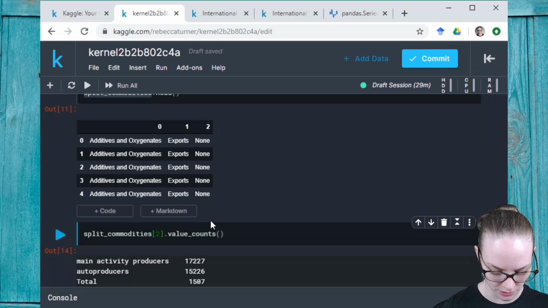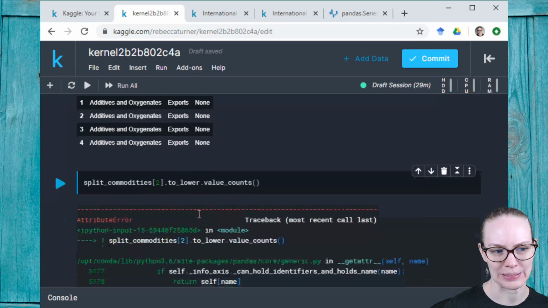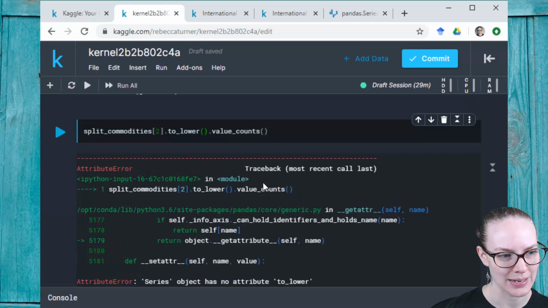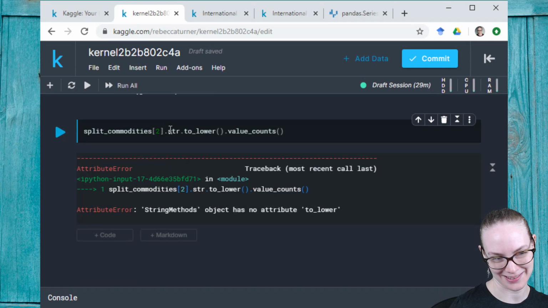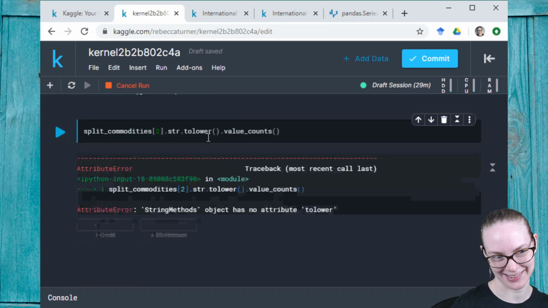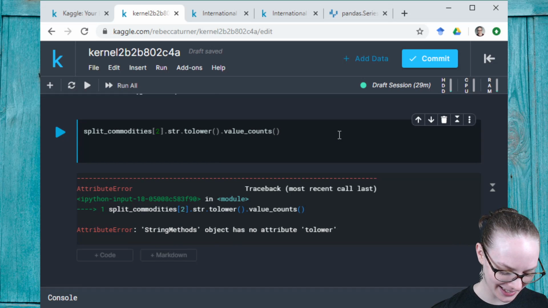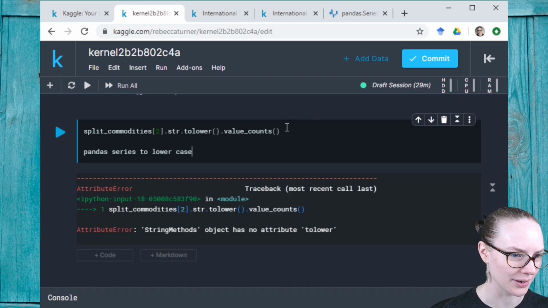So let's do that. And I think it's to lower. I don't think that's going to work. Yeah, no, it's not that. Maybe it's with str. Yeah. All right, now I'm going to have to look this up. Pandas series to lowercase.